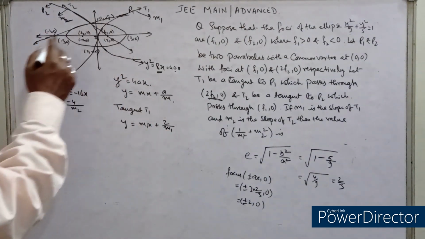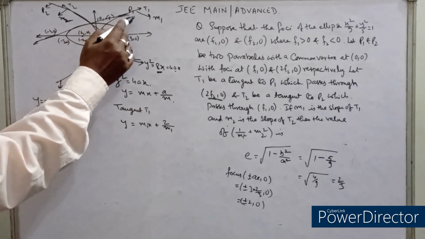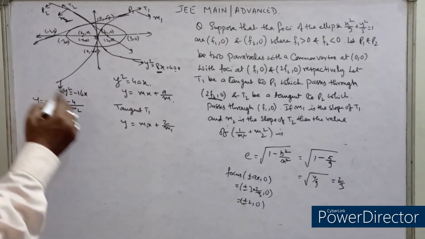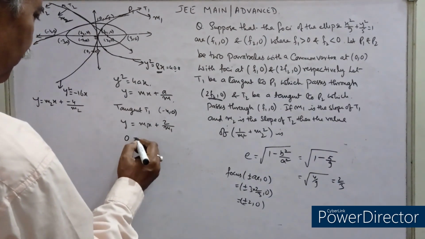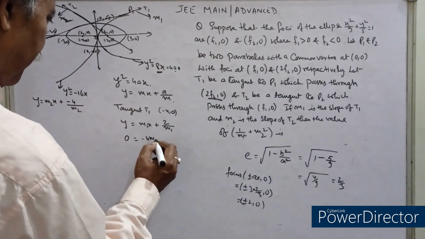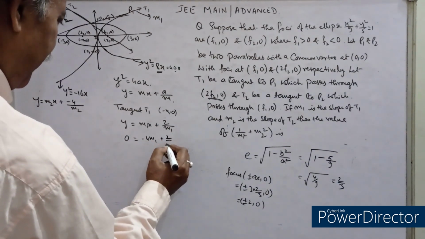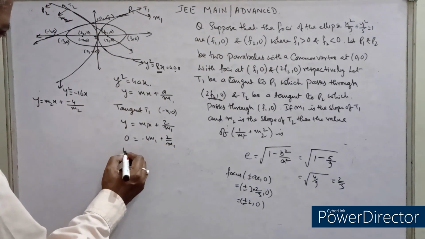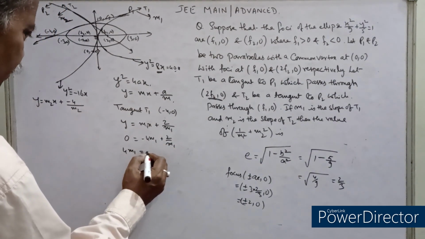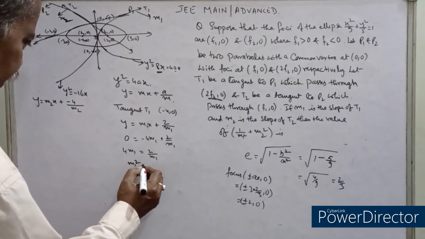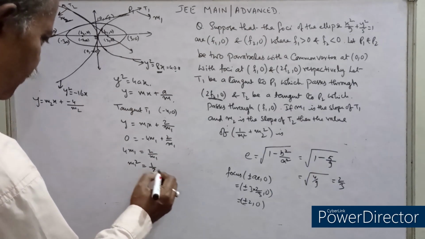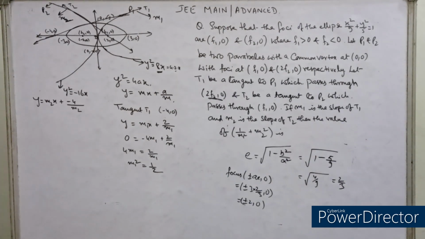But since it passes through minus 4 comma 0, see, this tangent passes through minus 4 comma 0, so 0 is equal to minus 4 m1 plus 2 by m1. So this will be 4 m1 is equal to 2 by m1. So your m1 square will be 1 by 2.